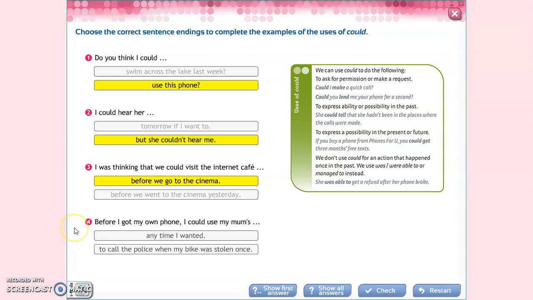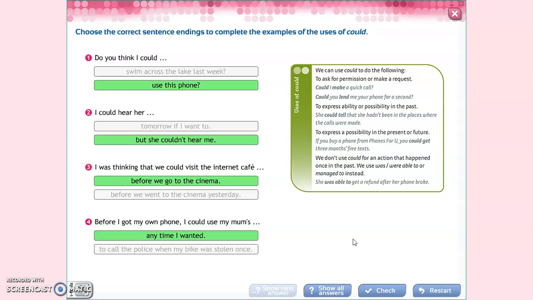And number 4 says, before I got my own phone, I could use my mom's anytime I wanted, or to call the police when my bag was stolen once? Well, I am not referring to the story about the bike. I'm just talking about anytime I wanted. So let's click on the check button, and all of them are totally correct.